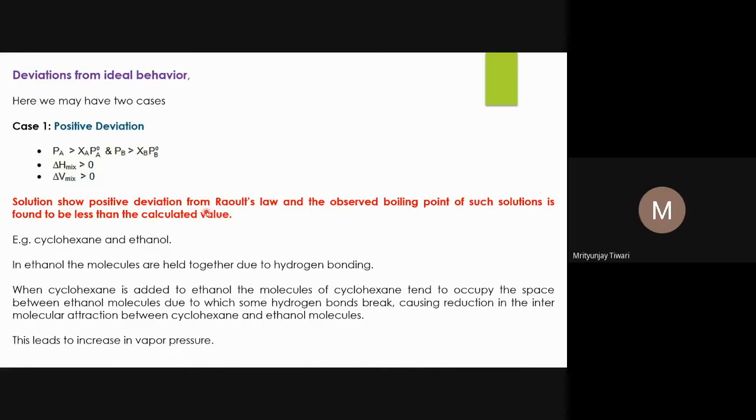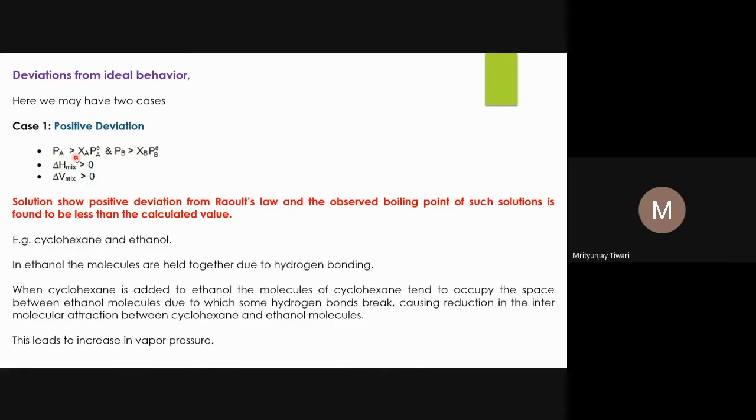So the boiling point you can also calculate based on the vapor pressure. We know that if the vapor pressure becomes equal to the atmospheric pressure at a particular temperature, that temperature we call the boiling point of the solution or the solvent.